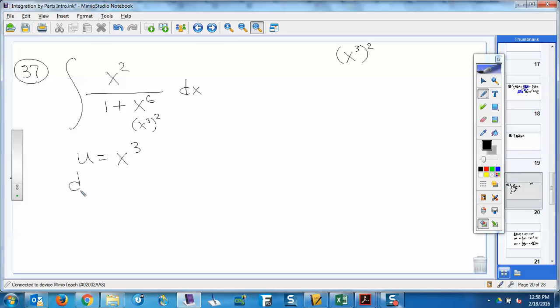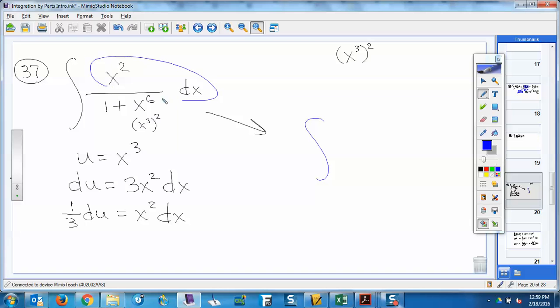All right, so if I let u equal x cubed, du equals 3x squared dx, which is there except for that 3, so I'll divide it over. I've got x squared dx. So, new integral. The x squared dx is replaced with a 1/3 du.